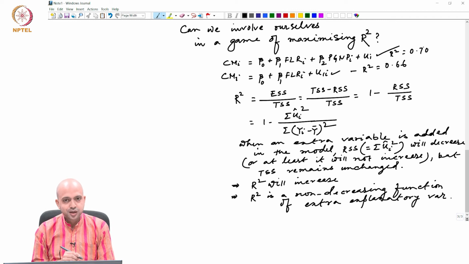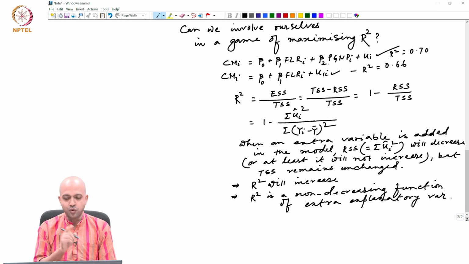Why? Because these two R square values are not directly comparable. In the first model we have two explanatory variables, while in the second model we have only one, even though the dependent variable of both models is the same, that is child mortality rate.